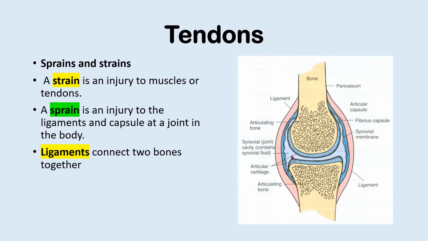It's a very special sort of liquid, and there's a membrane to stop it from leaking, and there are cells in there which keep the right amount of fluid going.